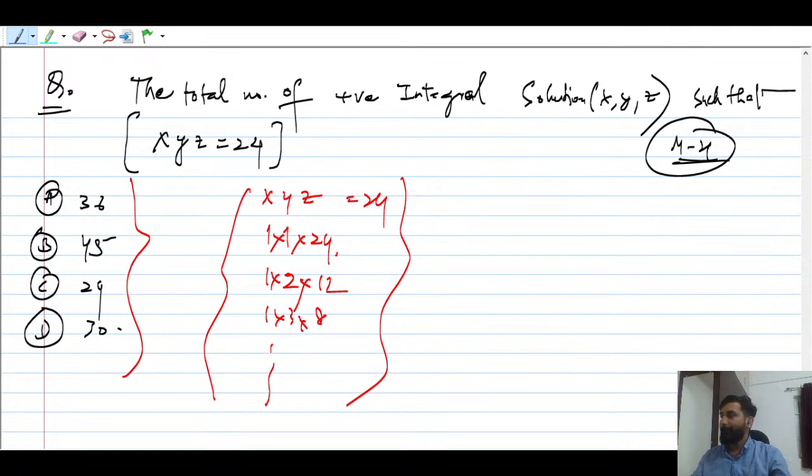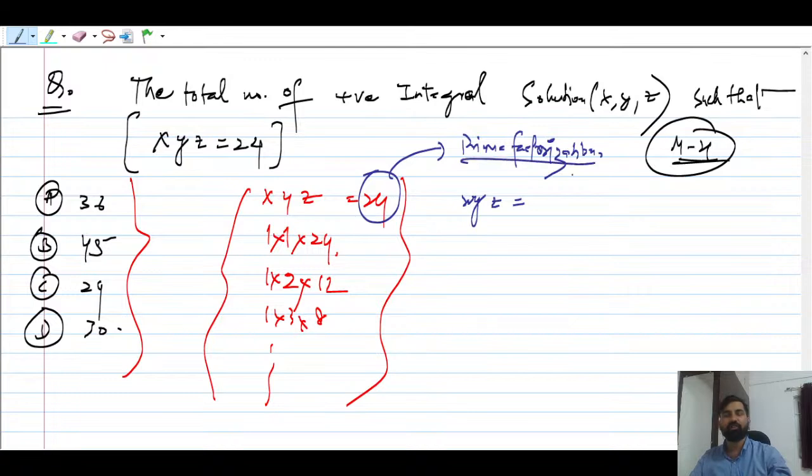Fine. Let me give you the shortcut here, how you can make it. Suppose you have got x, y, z with a product of 24. Try to find the prime factorization of this. The prime factorization will be 2 to the power 3 and 3 to the power 1.